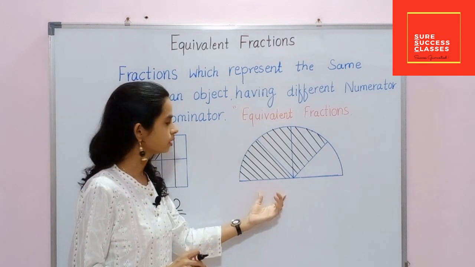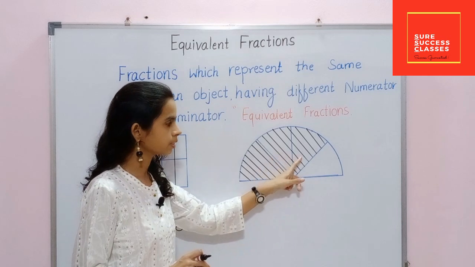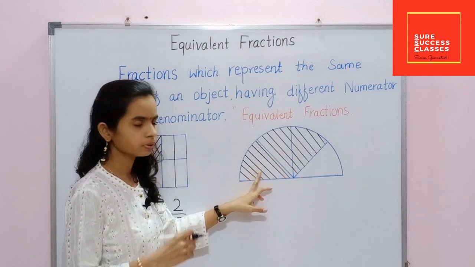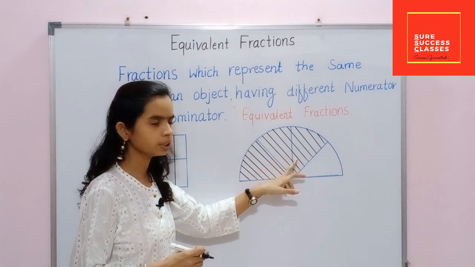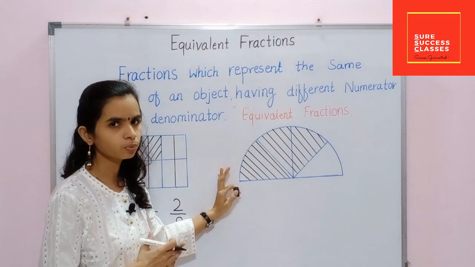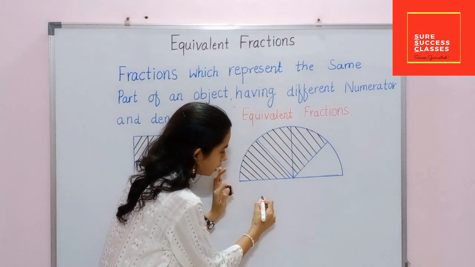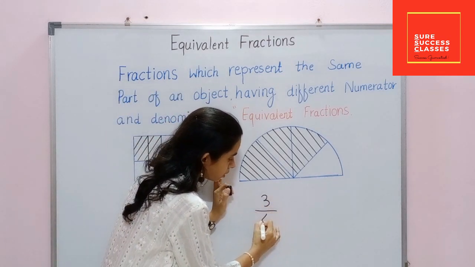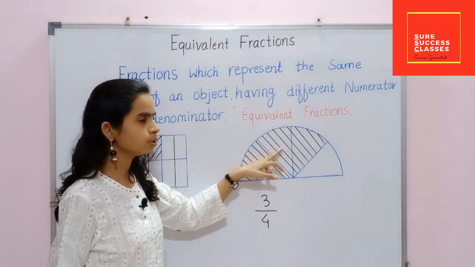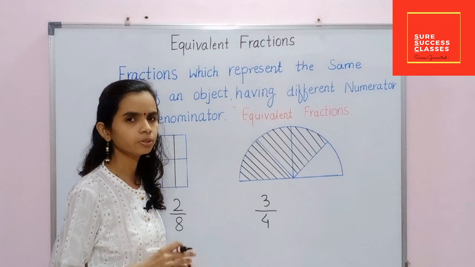Students, in this figure, there are 4 equal parts, 1, 2, 3 and 4. And out of those, 3 parts are shaded. So, the fraction for this shaded portion will be 3 parts out of 4 equal parts. If I divide each part into 2 equal parts, then we will see what the fraction will be.